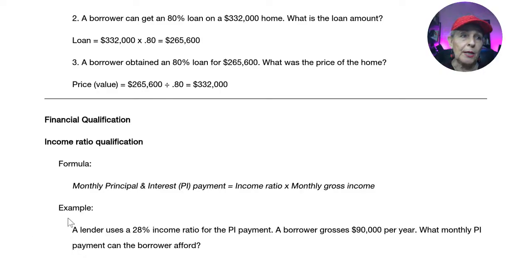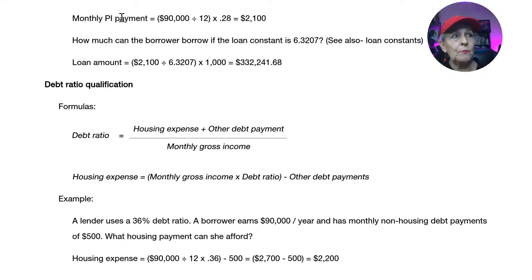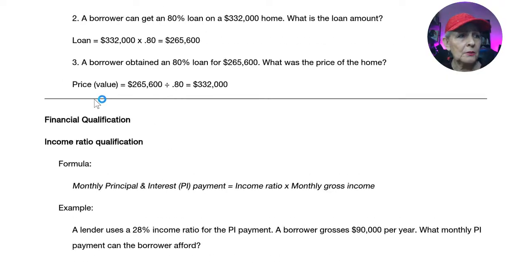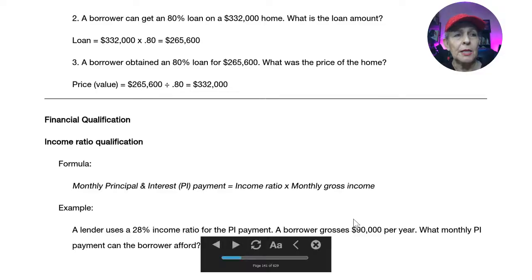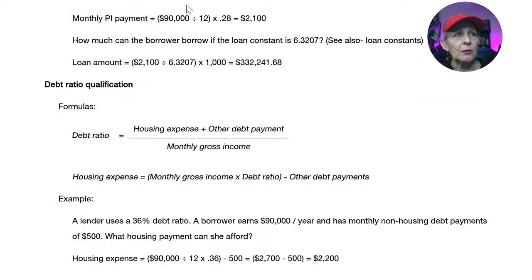So this is working backwards. The borrower grosses $90,000 per year, so their gross income divided by 12, because the lender calculates it on a monthly basis, which is 12 months, times 0.28, which is 28%.